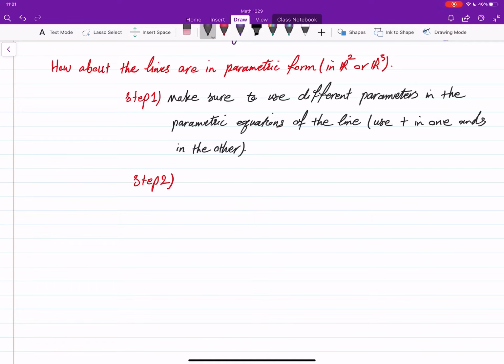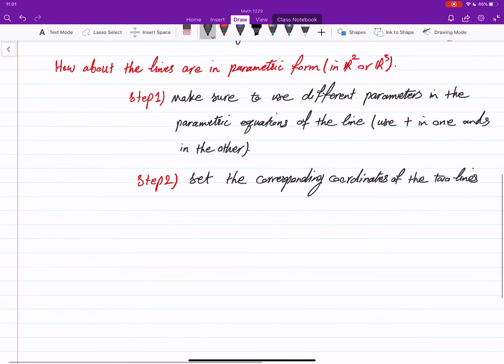It means that you set the corresponding coordinates of the two lines equal to each other.